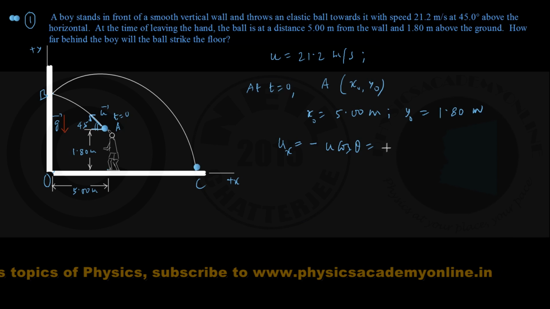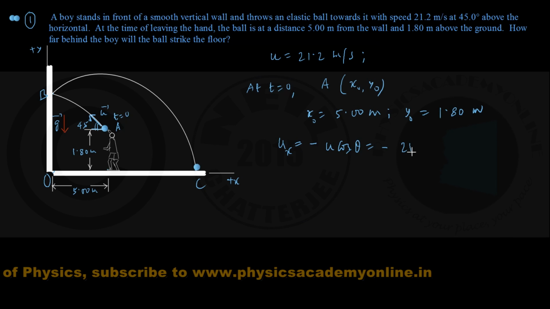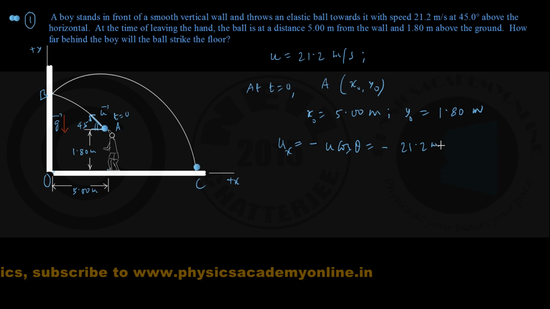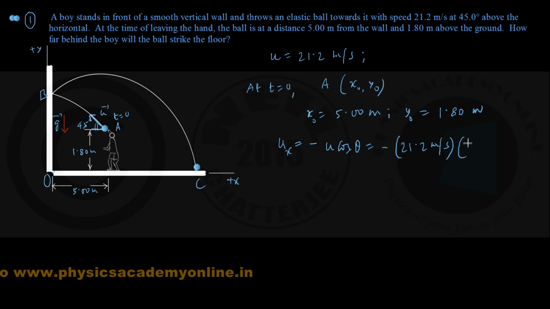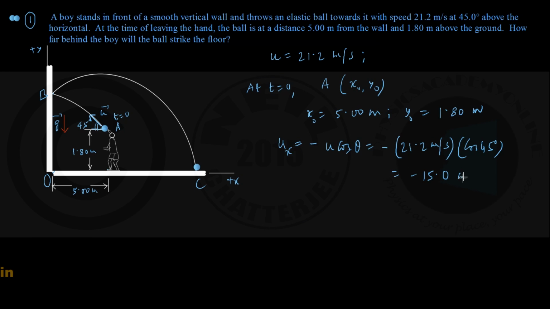Well, in this case, it is minus, the value of u is given to be 21.2 meter per second, and here the angle is 45 degree. Therefore, this is coming out to be minus 15.0 meter per second. Once again, negative value of x component because this is pointing leftwards in the minus x direction.